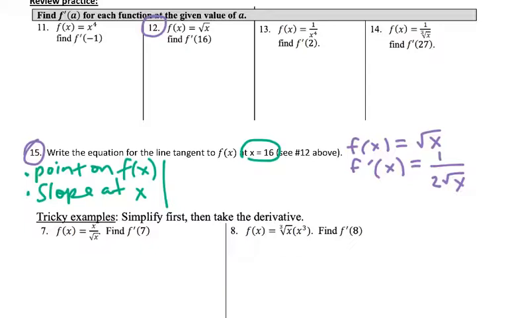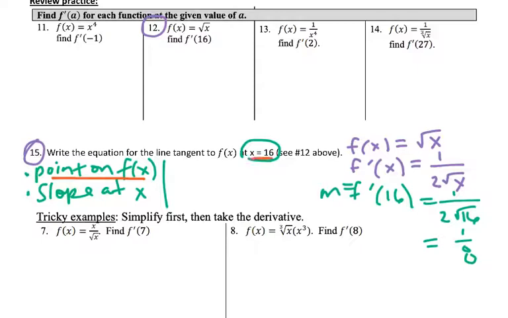So here I'm going to substitute in 16. So we get 1 over 2 root 16, which is 2 times 4 in the denominator there, so it's 1 over 8. That is our slope for the tangent line. Then we need to find the point on f of x where x is 16.